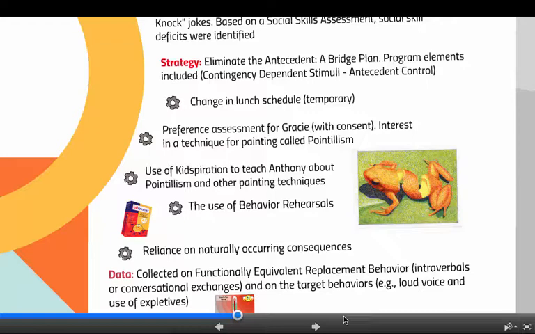As soon as we changed Anthony's lunch schedule, he went at a different time and didn't have any difficulty at all. Why? Because Gracie was not coming into that area and into the cafeteria. So we completely avoided everything. But that doesn't solve the problem, does it? Not at all.